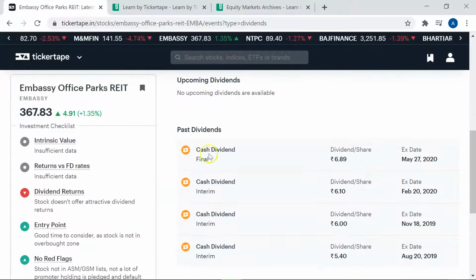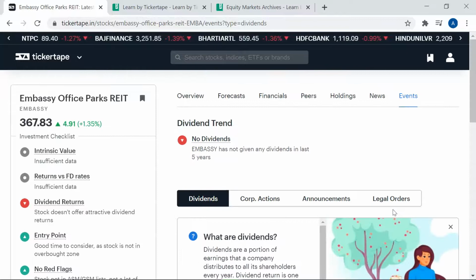If you scroll down, it is telling cash dividend final 6.89 rupees per share. Ex dividend date is May 27, 2020. So in the last 1 year, yes, this company does definitely give some good dividends, but now at the top it is telling that no dividends in the last 5 years. So this is the second disadvantage. The data is only 99% accurate, and there are some mismatches.